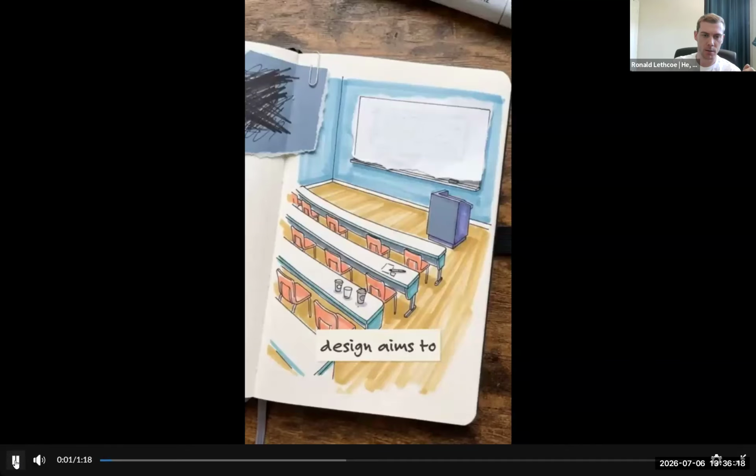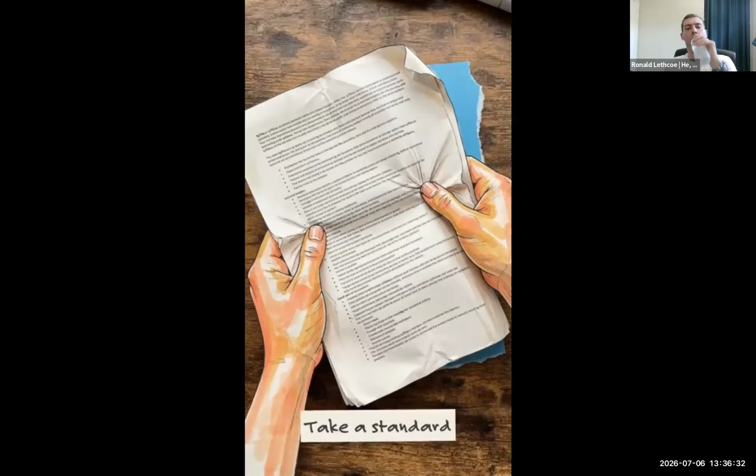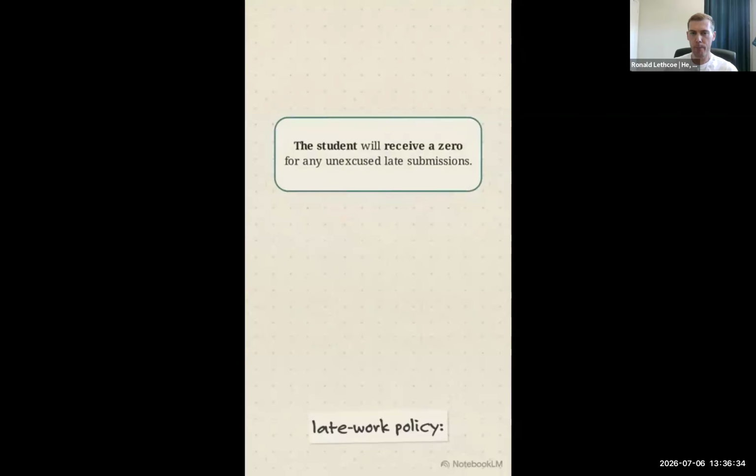Inclusive syllabus design aims to create a welcoming classroom, but cold, legalistic language can trigger anxiety and alienate students before the first day of class. Take a standard late work policy. The student will receive a 0 for any unexcused late submissions.